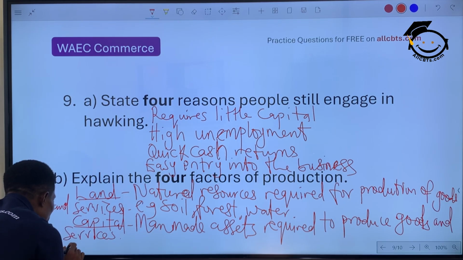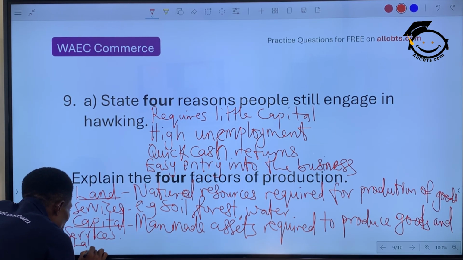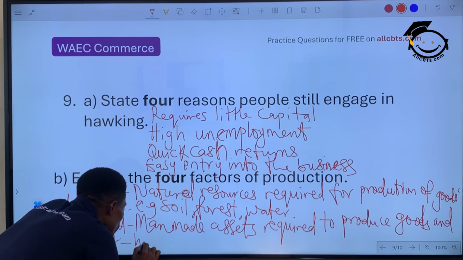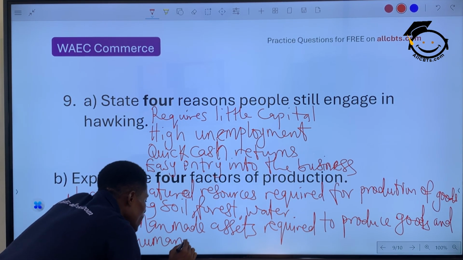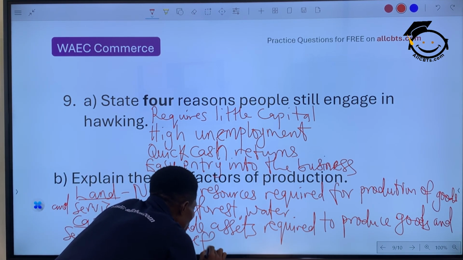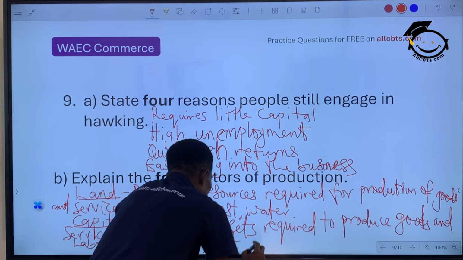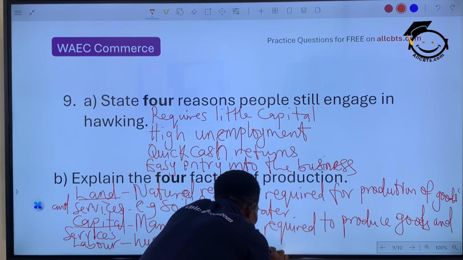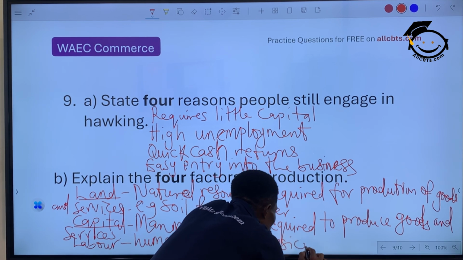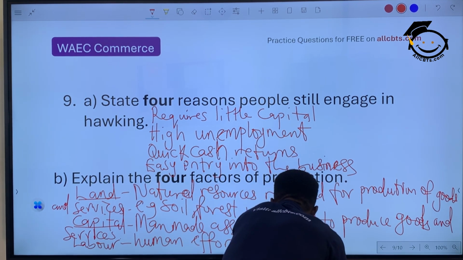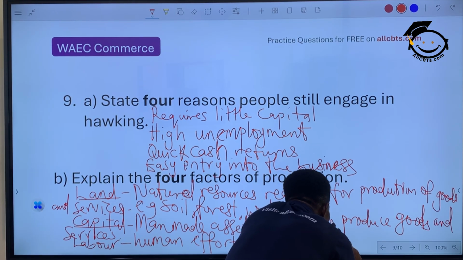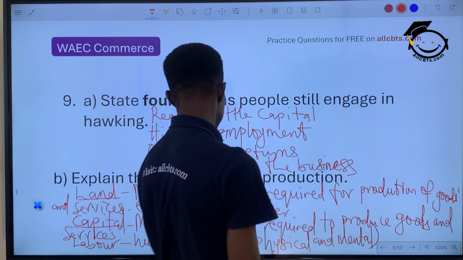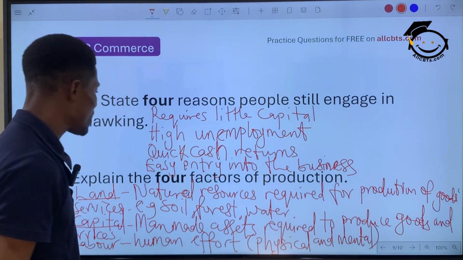We have the third one here. It's called labor. Labor is physical and mental human effort that is needed for the production of goods and services.